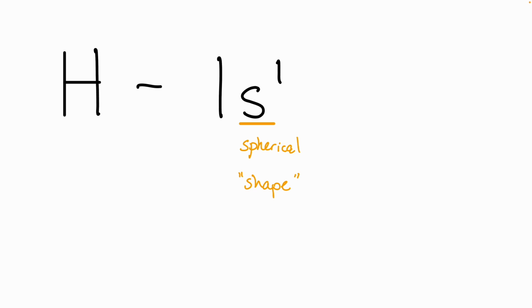The superscript up at the top tells you the number of electrons in that particular orbital. Hydrogen is just 1 proton, so a neutral hydrogen atom is going to have 1 electron. That 1 electron lives in a spherically shaped orbital.